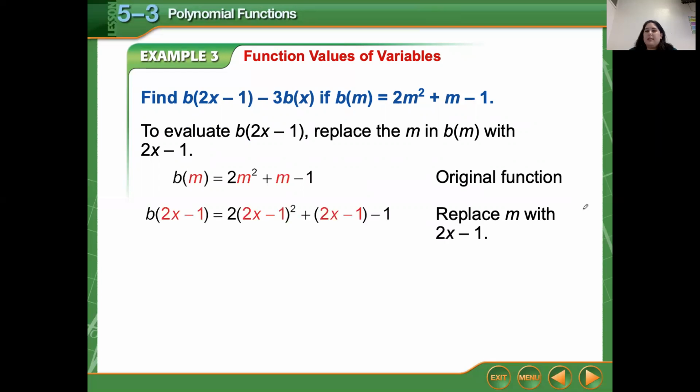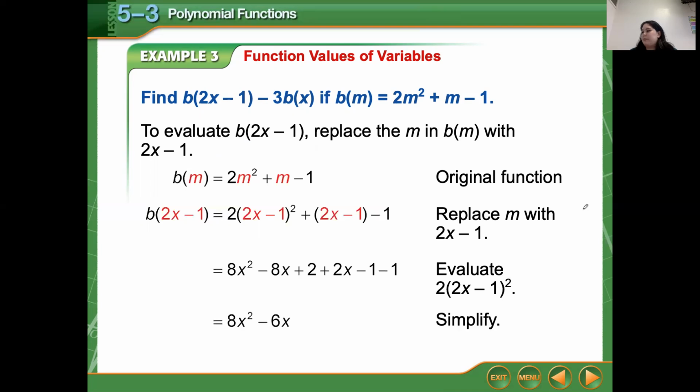So then we go ahead and simplify. So we get 8x squared minus 8x plus 2 plus 2x minus 1 minus 1. And when we combine our like terms, we get 8x squared minus 6x.